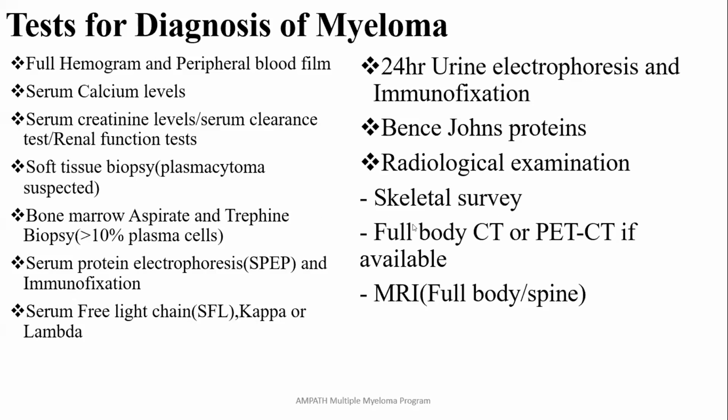Besides that, apart from the bone marrow, you do a radiological survey. In the past, we've been doing skeletal surveys from head to toe, but we've slowly moved away from that. I know quite a number of county referrals have access to CT scans, and you can actually do a full body CT scan.